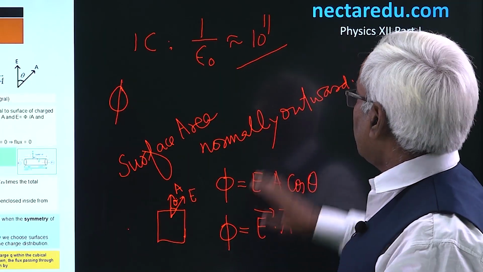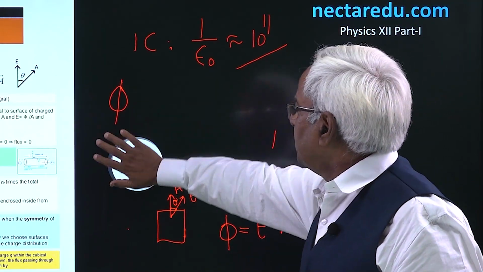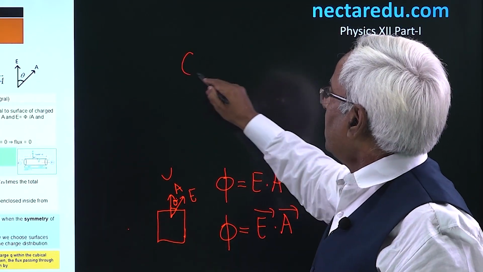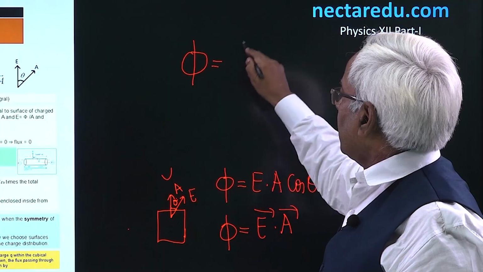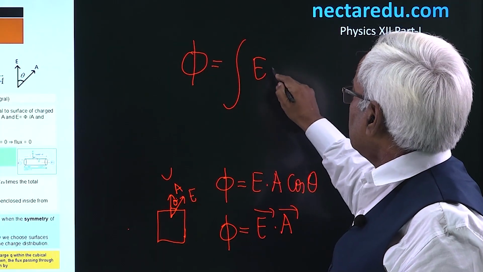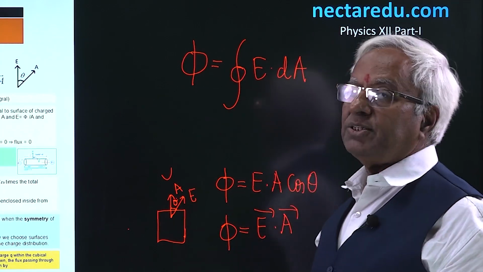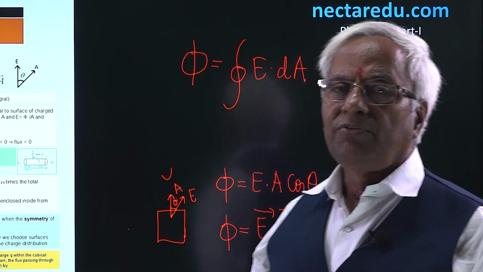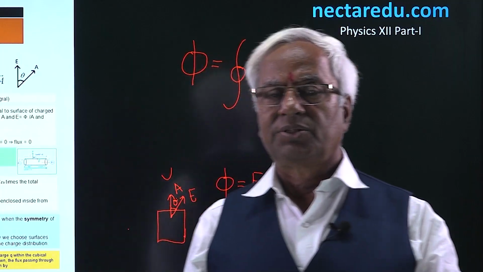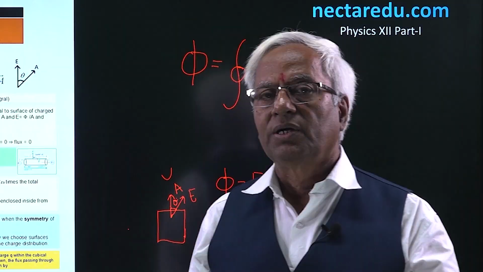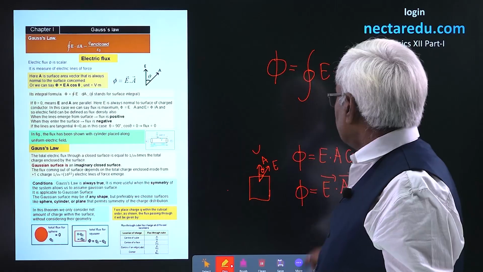At the same time, you can take the integral formula as well. You see, flux may be given as integral E dA, but this is going to be surface integral. When you say surface integral, it simply means that the limit would be taken according to the surface.